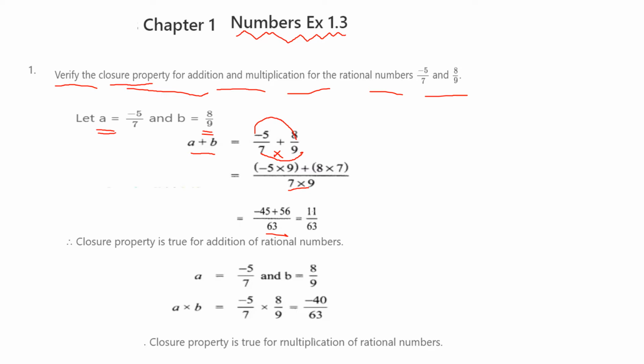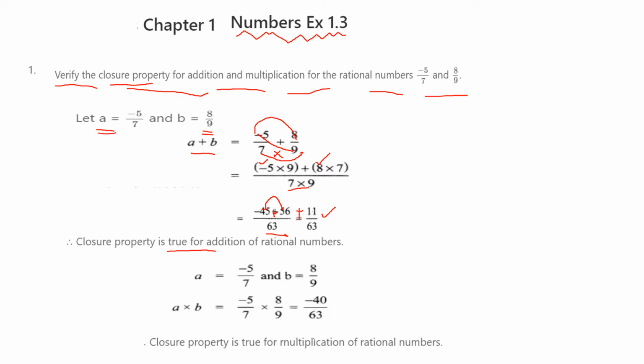And then cross multiply: minus 5 into 9 plus 8 into 7. So minus 45 plus 8 sevens are 56. Minus and plus means subtract and put the greater number's sign. 56 minus 45 is 11. The greater number is plus, so 11 by 63. So it came out as a rational number. So closure property is true.